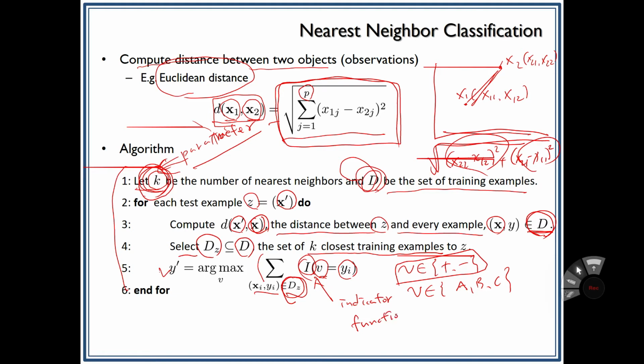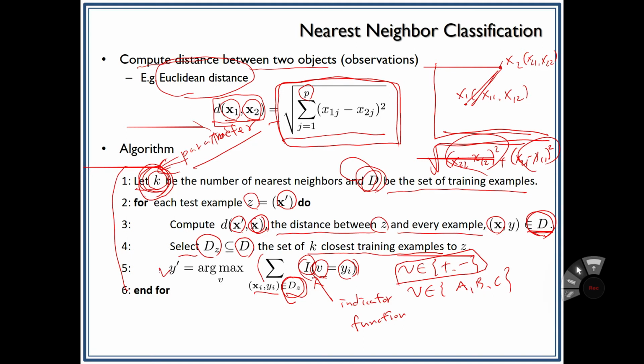This indicator function is just a function that returns 1 if the condition in the parenthesis is satisfied, or returns 0 if the condition is not satisfied.